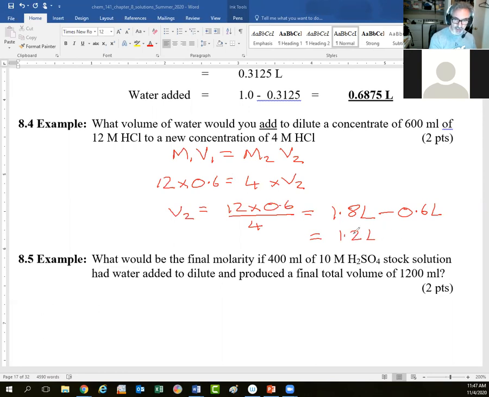Add 1.2 litres to the 0.6 gives us 1.8, and that will give us a concentration of 4 molarity. Any questions about that one? Making sense? Usually the molarity is one of the easy things in the chapter. It tends to be molarity calculations and percentage concentration that gives us one of the big problems.